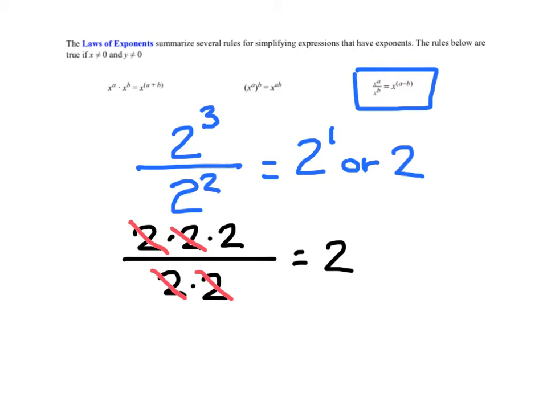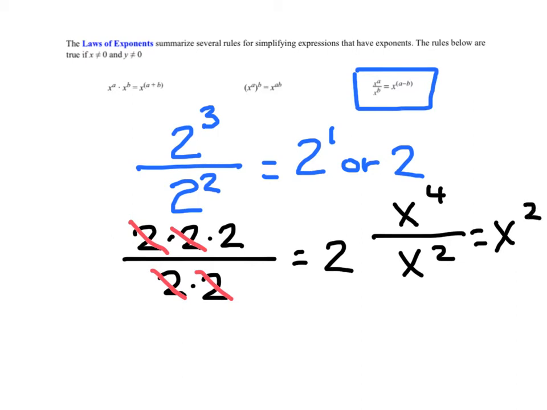Okay, so let's try another example. This time we'll be using a variable. So let's take x to the 4th over x squared. Well, if I take my base, x, and then go 4 minus 2, I should get x squared.